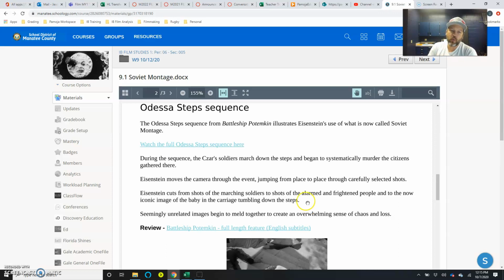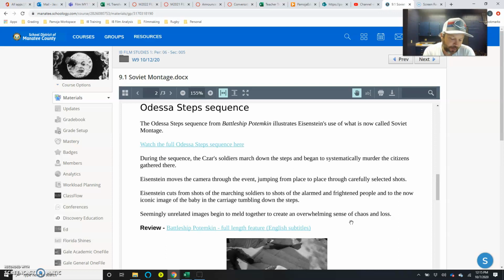So if you watch this Odessa Steps sequence, you're probably going to be very confused because it's a very confusing sequence anyway. But if you watch the 30 minutes leading up to it, you're going to start seeing what the storyline is and what precipitates the action that takes place on the Odessa Steps.